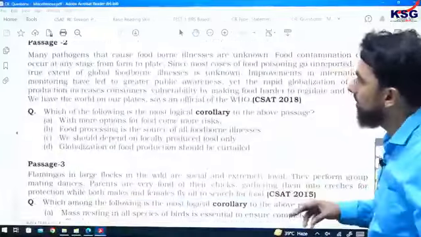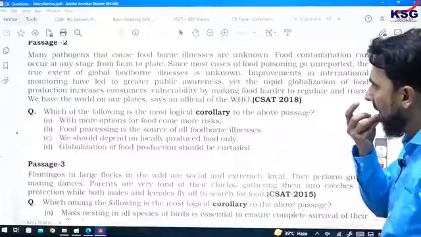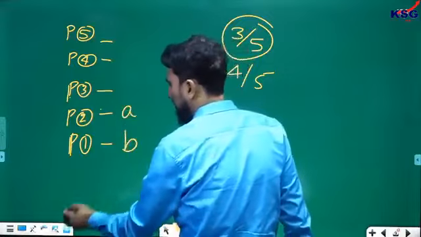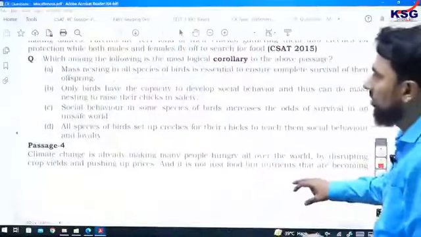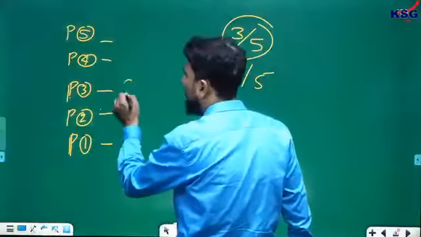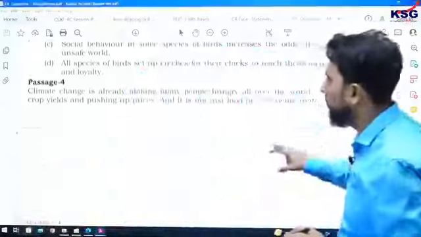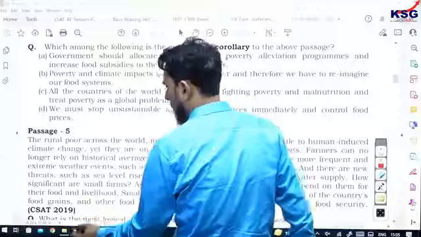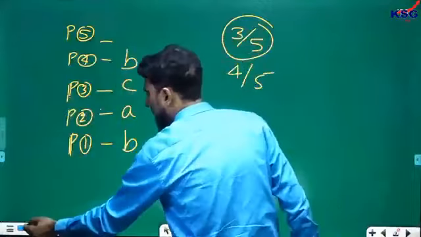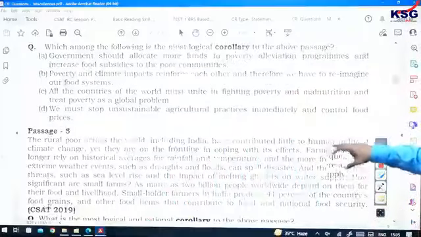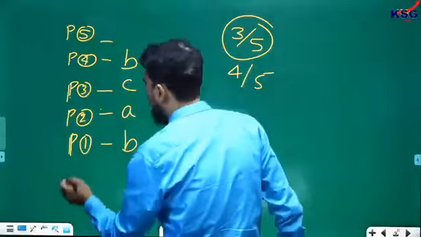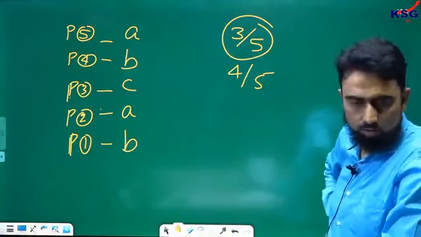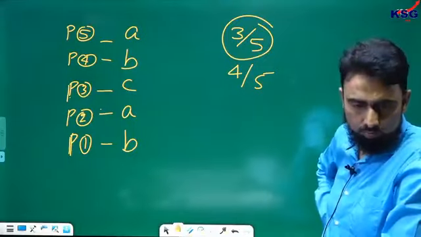Passage 2, option A. Passage 3, option C. And passage 4, option B. And passage 5, it should be option A. So 1 B, second A, third C, fourth B, fifth A.